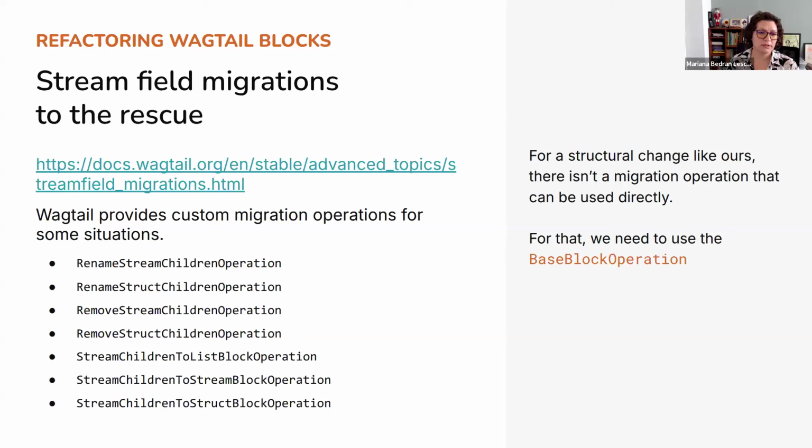And there's a list of all the operations you can do that are ready for you there. But in our case, since that operation is something that's happening on a deeper level inside the block structure, so it's not the first child of our stream fields, none of those custom operations would do the trick, or at least I couldn't find out how to use any of them in that situation.